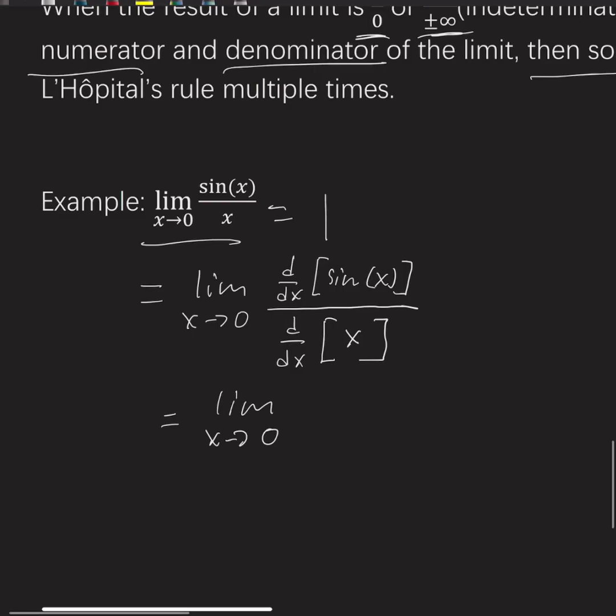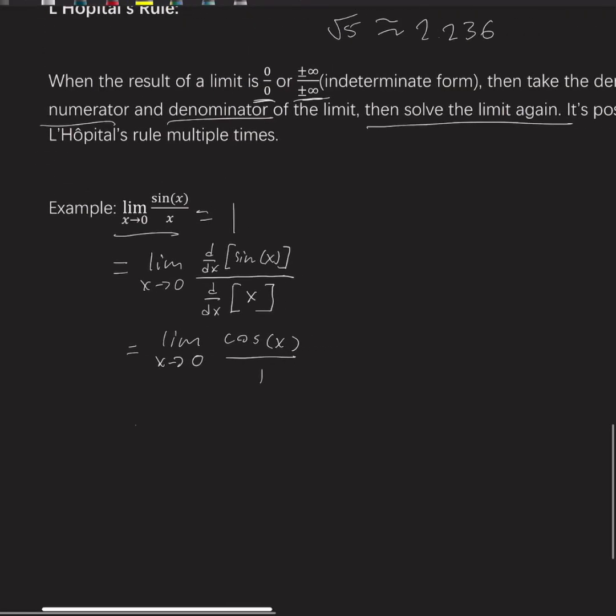The derivative of sine of x is equal to cosine of x. The derivative of x is equal to 1. So really this expression can be simplified as the limit as x approaches 0 of cosine of x, which of course is equal to 1 if you just directly substitute cosine of 0.